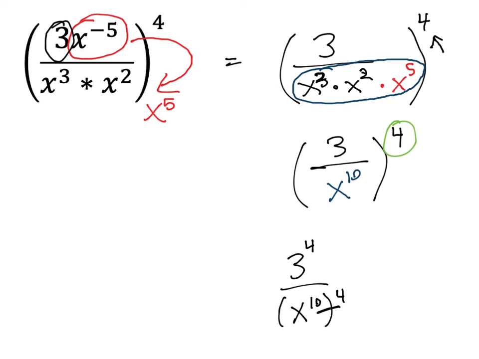And to simplify this, when we raise an exponent to another exponent, we'll multiply those exponents together. So that gives us x to the power of 40 in the denominator. And in the numerator, 3 to the power of 4. Remember, not 3 times 4, but 3 times itself, 4 times, and that is 81.